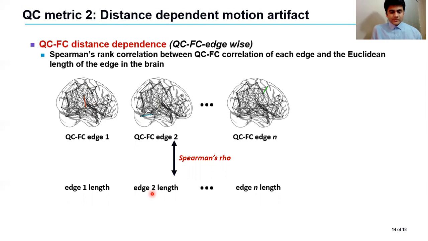Spearman's rank correlation is used to better account for non-linearities in this type of QC metric. And this gives us a measure of how associated are the internode distances and the motion contamination for each particular FC edge. And again, we want to ideally reduce this to zero, which would indicate no distance-dependent artifact.